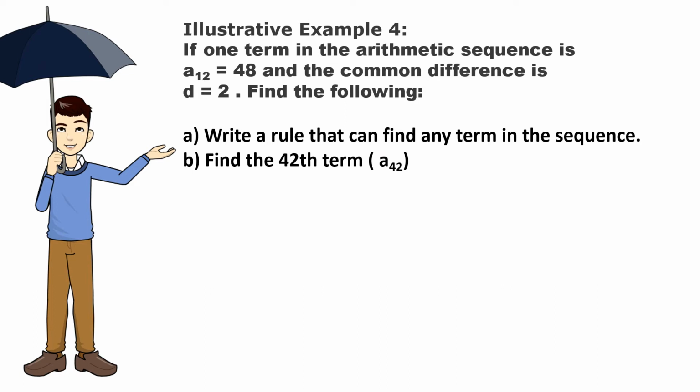So, for our illustrative example number 4, if one term in the arithmetic sequence is A12 or A sub 12 equals 48 and the common difference is 2, find the following. Letter A, write a rule that can find any term in the sequence. Letter B, find the 42nd term or A sub 42.